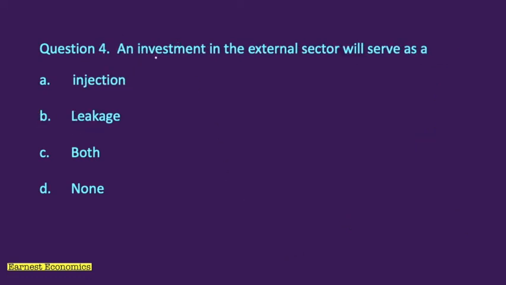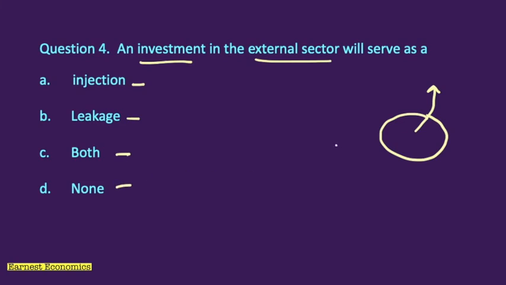Our fourth question is, an investment in the external sector will serve as. So if a country makes investment in rest of the world in the external sector, how will it impact the circular flow of income? Will it serve as an injection or a leakage or both or none of the above? Now obviously we are sending our funds to the rest of the world. These funds are coming from the circular flow of income, and part of the funds are moving to the external sector, and therefore our circular flow in the domestic economy is going to decrease.